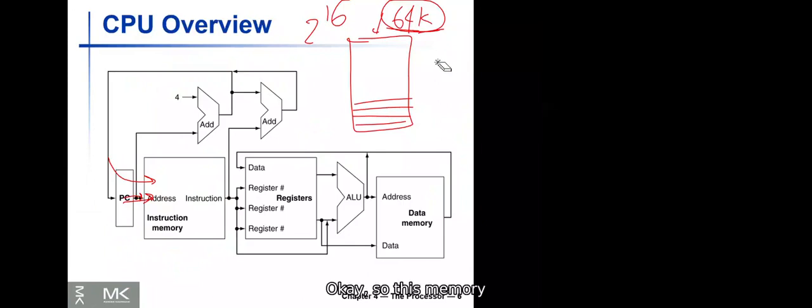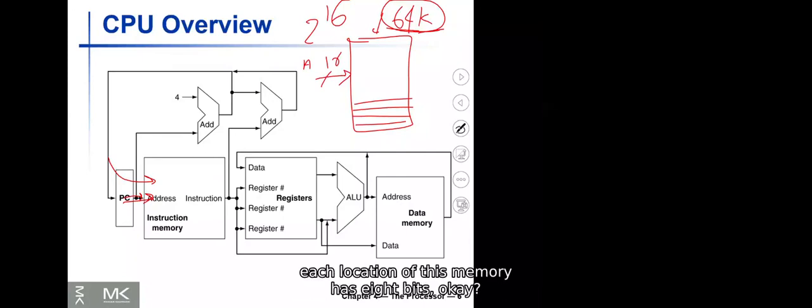So this memory has 16 bits of address, A0 to A15. And let's assume that each location of this memory has 8 bits, 1 byte for each location.